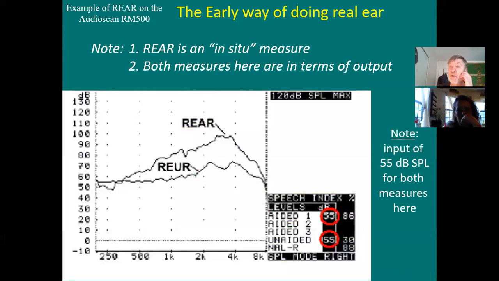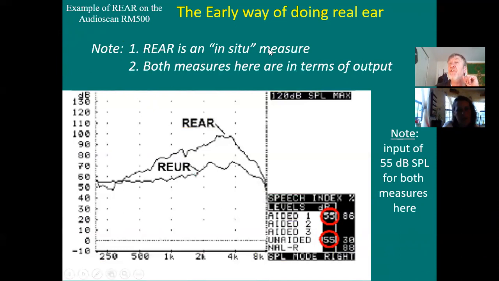Here's another earlier way, here's another example, okay? REAR, REUR. Notice the inputs in red, identical, okay? Unaided, 55, aided, 55. And they've got aided 2 and 3 here too, because maybe you did it a couple of times by changing things, okay? But note, number 1 and 2.